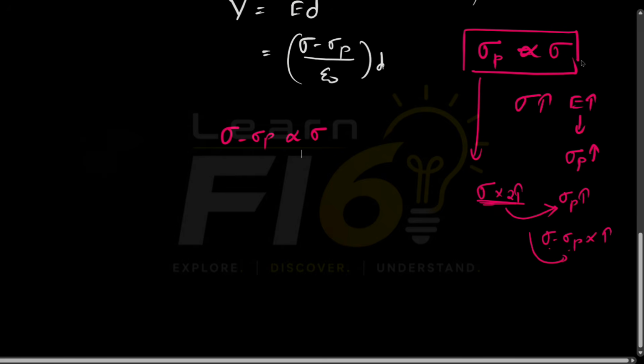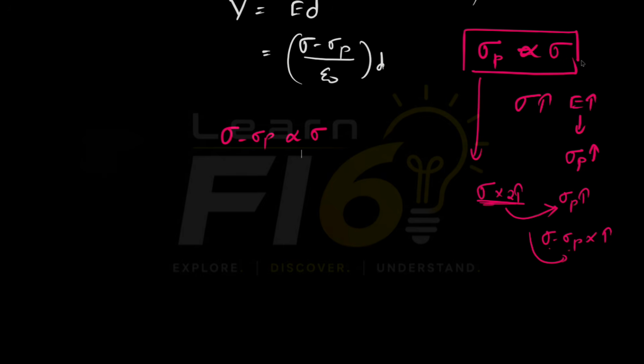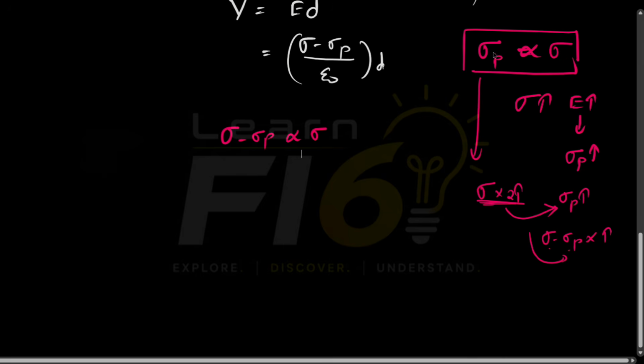When sigma increases, which is the charges on the plate increasing, the polarization increases, and this increased polarization results in increased induced charges in the dielectric. So if sigma doubles, sigma p will also double, and the difference between sigma and sigma p will also double.